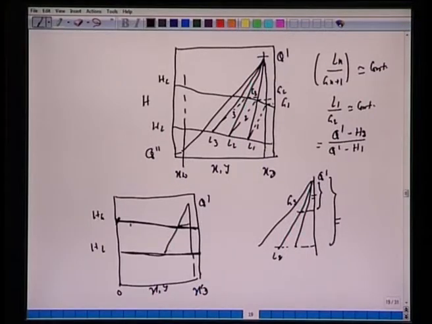One can show that the ratios of the segments which we are talking about here, this segment and this segment, will remain the same. Right. So even here we are trying to say that this is also consistent with the enthalpy.